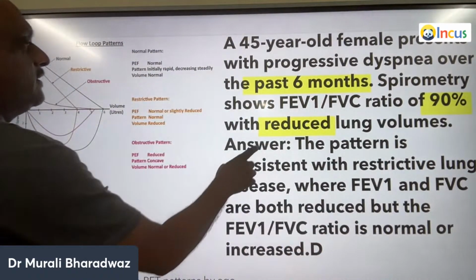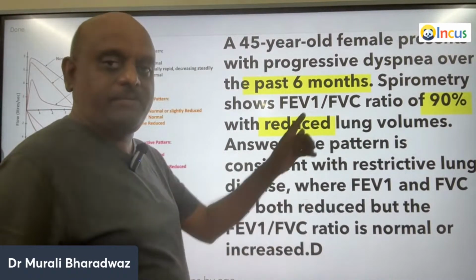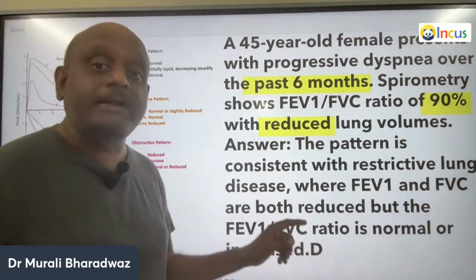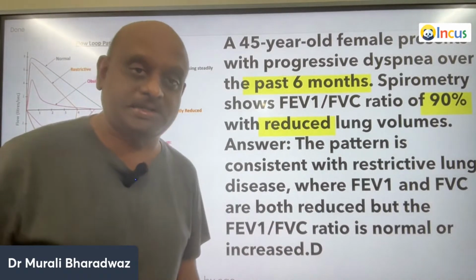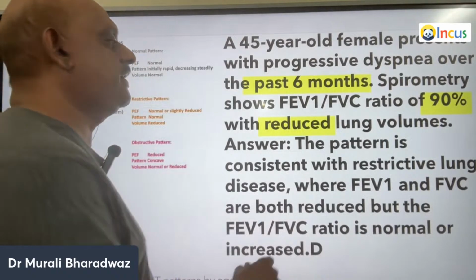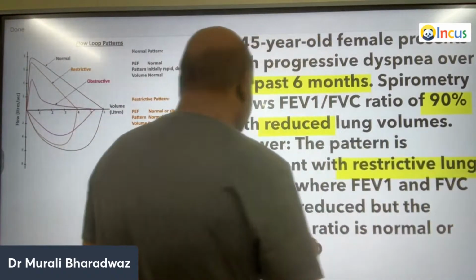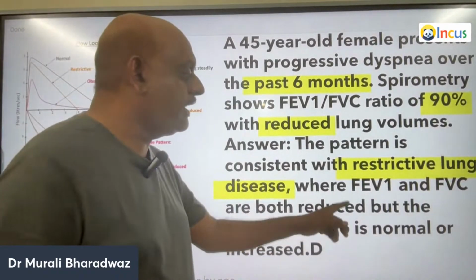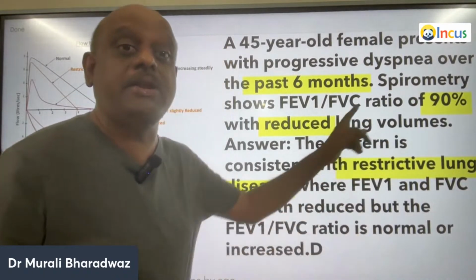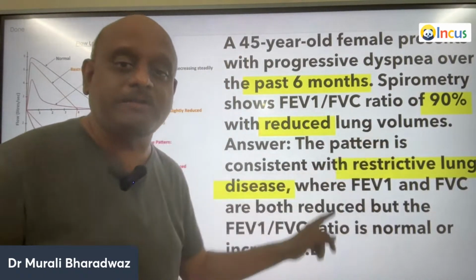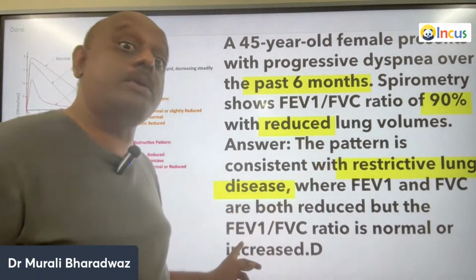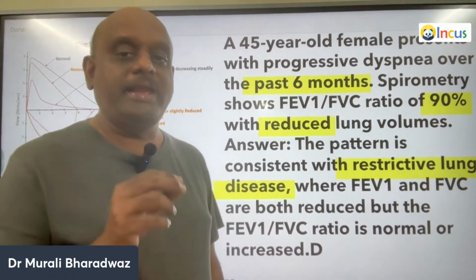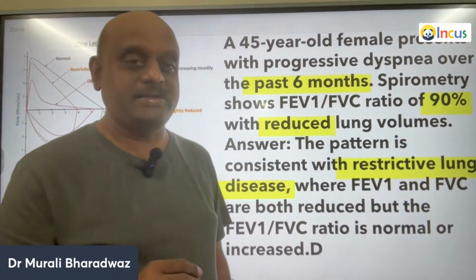So there's a reduced lung volume, the FEV1 by FVC ratio is 90%, and this pattern is typically consistent with restrictive lung disease, where both the FEV1 and FVC are reduced. Both of them are reduced, but overall FEV1 by FVC is normal or only slightly increased.